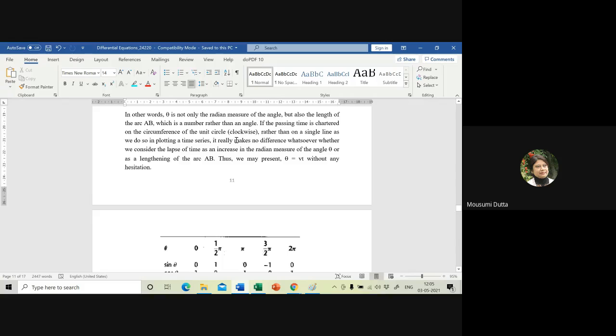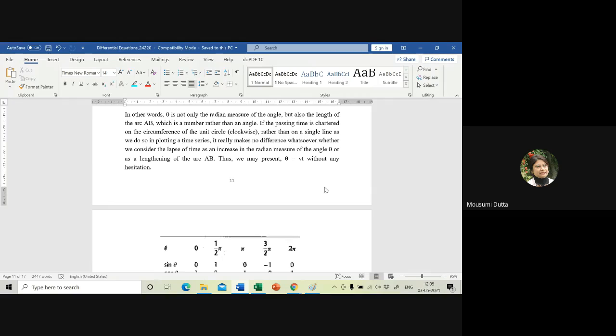If clockwise we consider the radius moving in a circular way, that indicates the angle is moving proportionately with time. There is a relation between time and the angle of the unit circle. So it is proportionally related to time. As time increases, the value of theta increases. This is the idea.